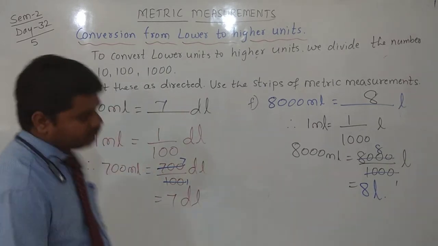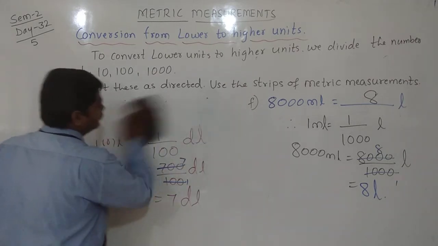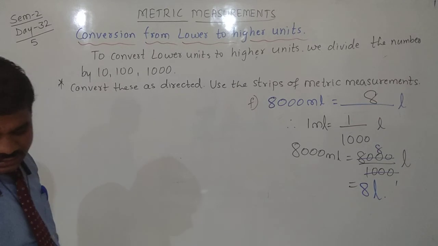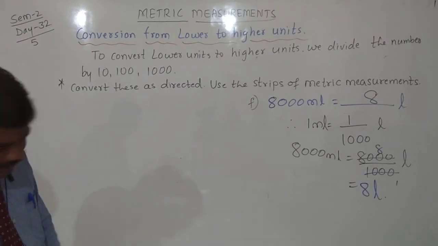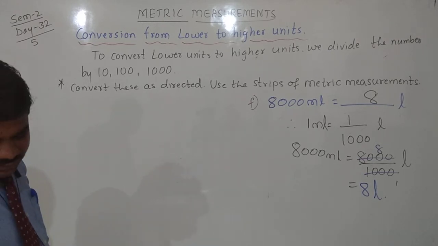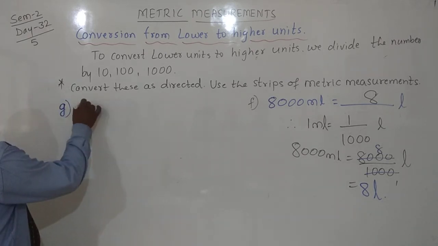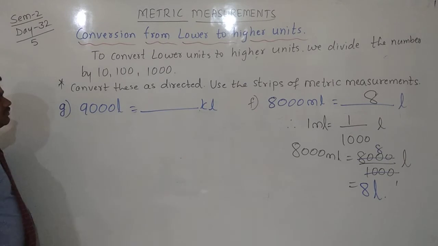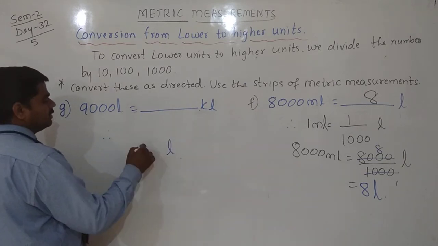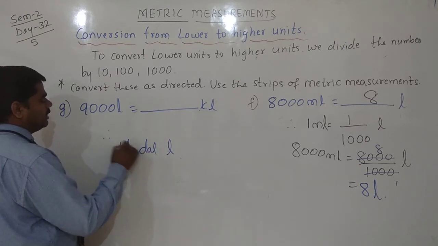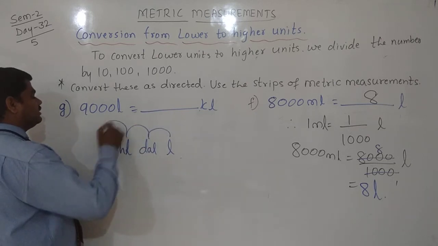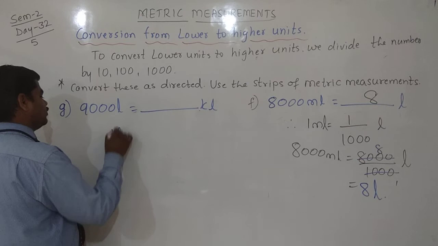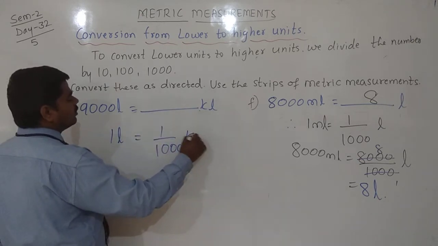Next, G. Write this neatly in your textbook, and there is a space in your notebook also, page number 123. 9000 liter to kiloliter, KL. Liter, decaliter, hectoliter, and after that kiloliter. 1 place, 2 place, 3 place means you divide by 1000. 1 liter is equals to 1 by 1000 kiloliter.